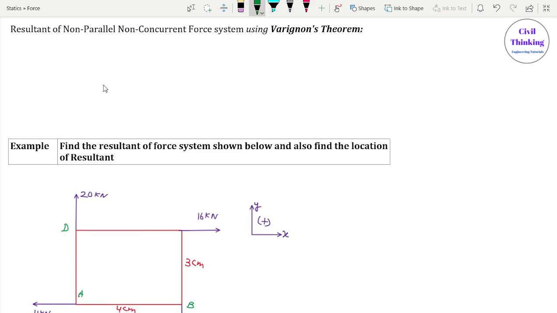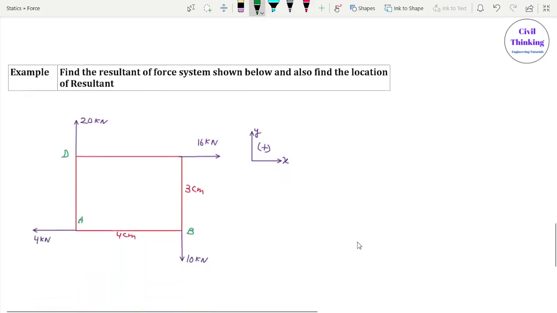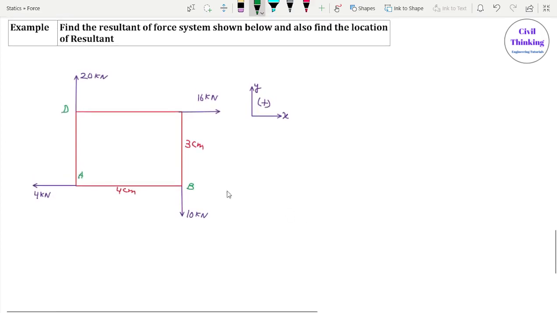Now, a non-parallel non-concurrent force system is something where the forces are neither parallel nor concurrent. Okay, now the best example is here. As you can see, in this force system, the forces are not parallel, right? This force is in the x direction, this is in the y direction, so they are not parallel.